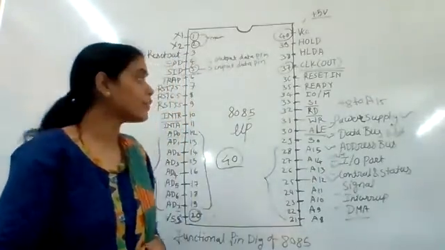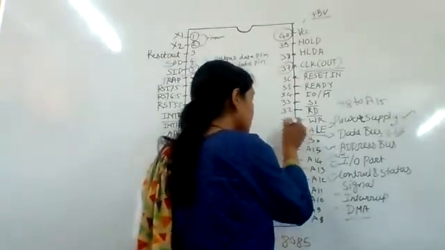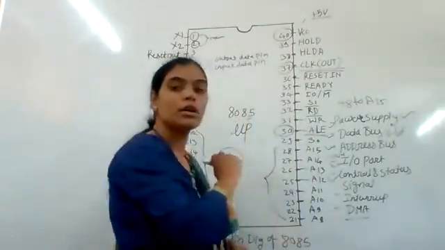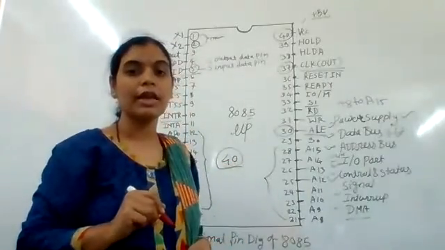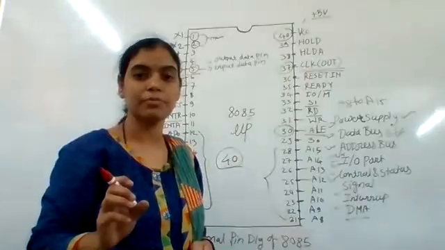First, starting from ALE, pin number 30. ALE is an acronym for address latch enable.